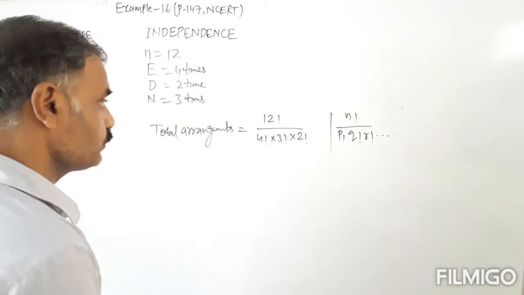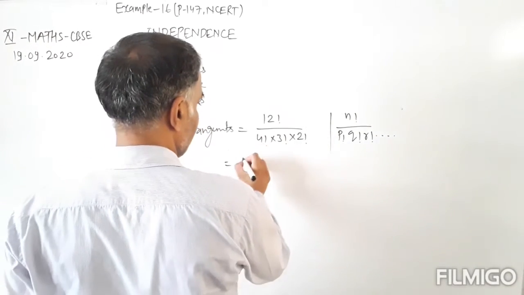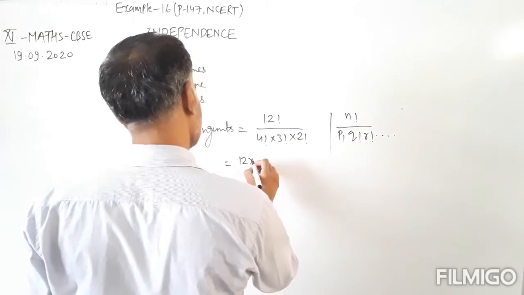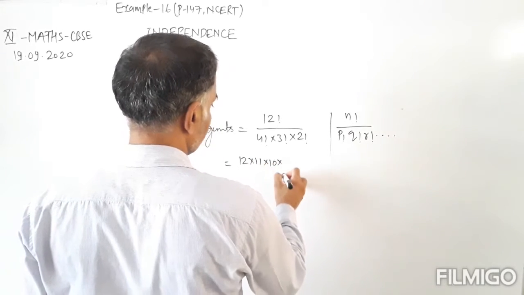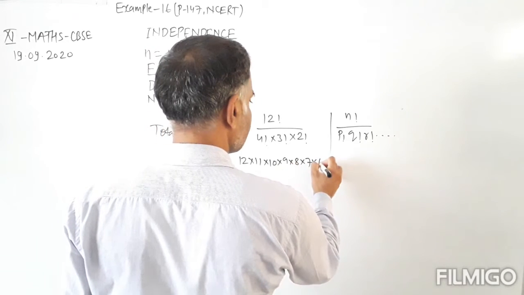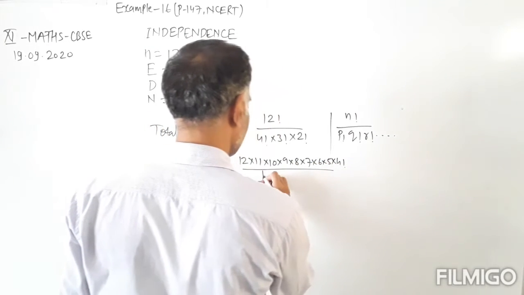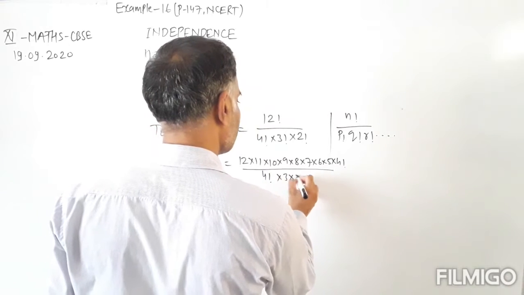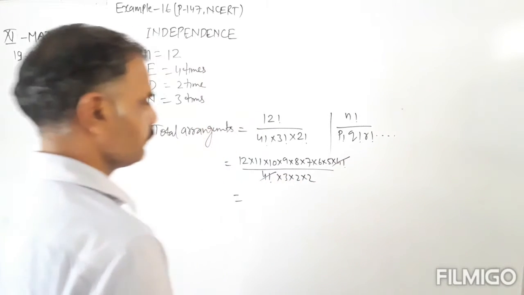Solving this, we will have 12 into 11 into 10 into 9 into 8 into 7 into 6 into 5 into 4 factorial upon 4 factorial into 3 into 2 into 2. So 4 factorial will cancel 4 factorial.